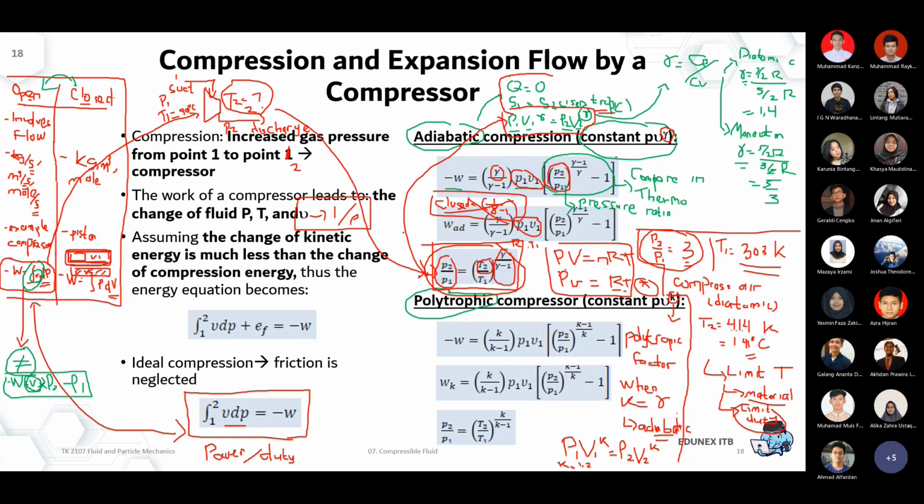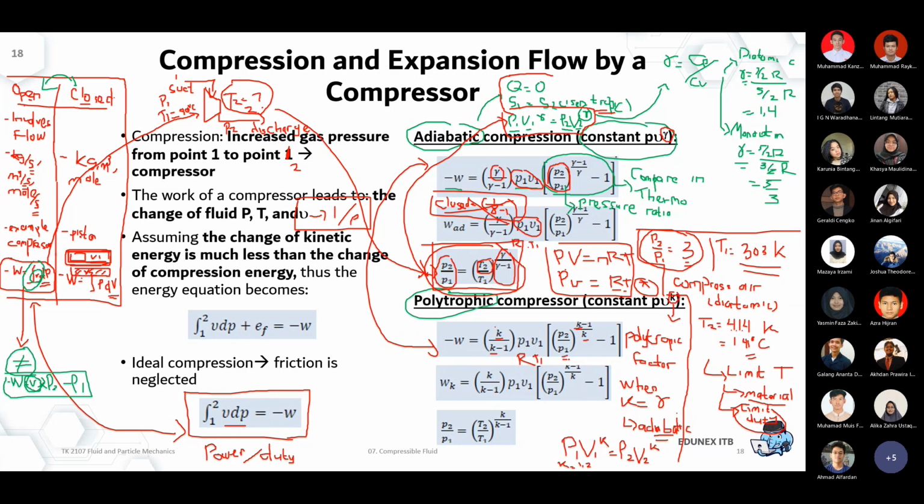And you can see that the formula is very similar. Compare this one with the top one. The only difference is every time you find a gamma in the adiabatic case, you simply replace it with K. Again, P1 V1 can be substituted with RT1. That's not a problem, similar concept.